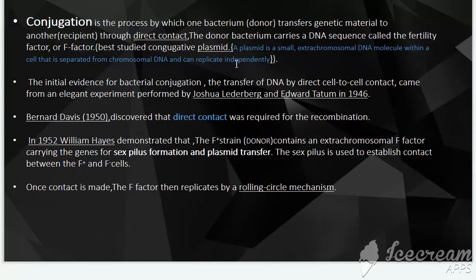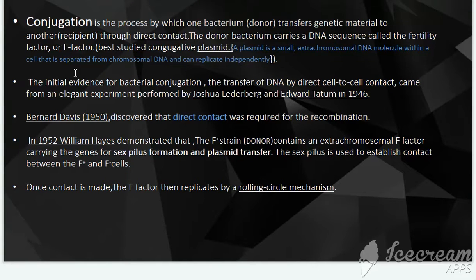As I said, the donor can only donate money if they have extra money. Just like that, the donor bacterium can donate DNA if it has extra chromosomal material in it, which is called a plasmid. You can also call it a fertility factor or F factor.